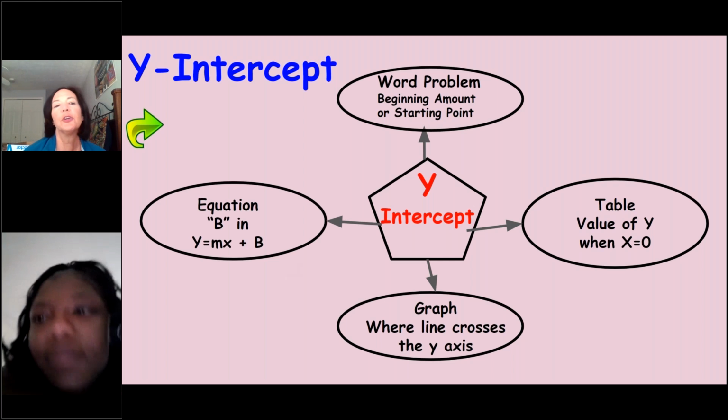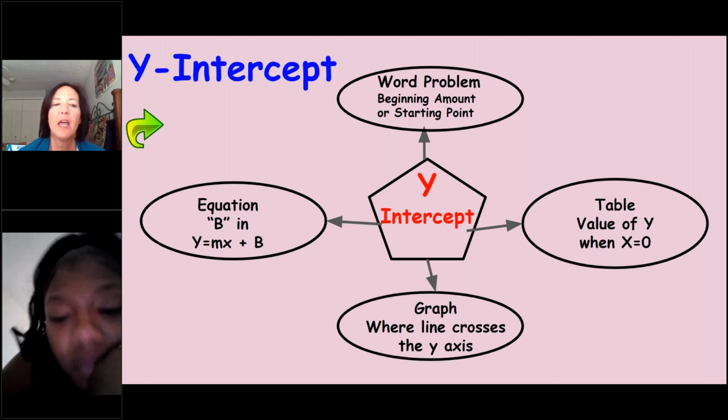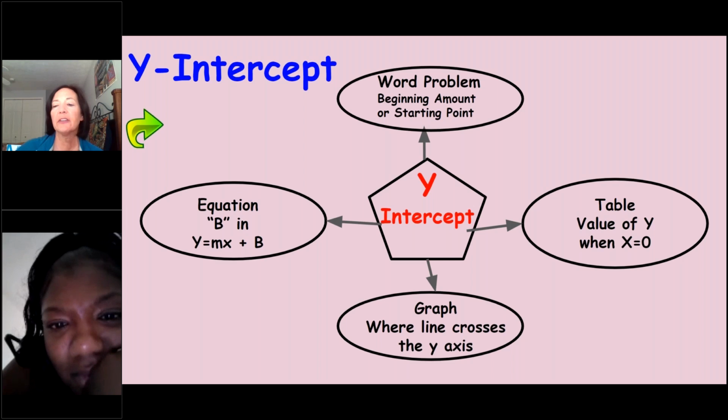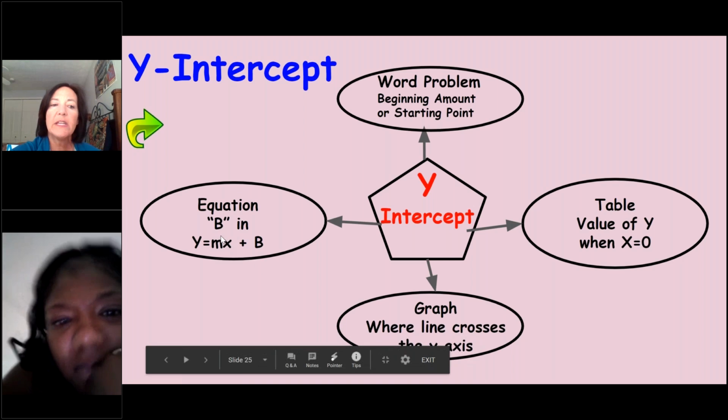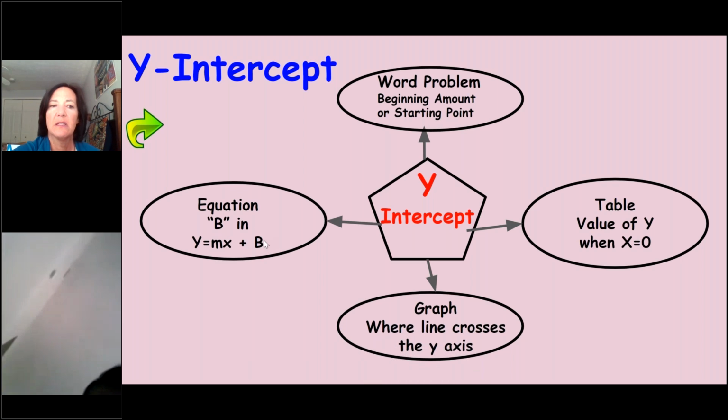Right. And then if you're given an equation, we've already practiced this one a little bit, the equation will always be in the slope-intercept form, and it will look like y equals mx plus b. Well, we know in the equation, there's going to be a number right there where the m is and a number right there where the b is.